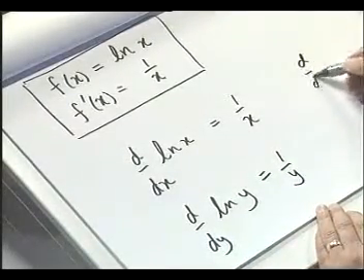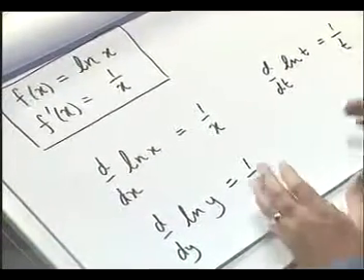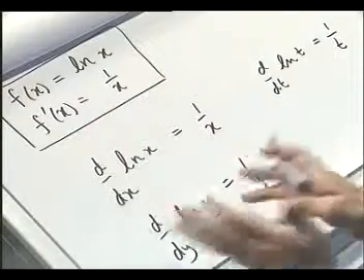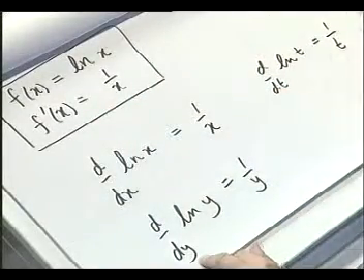If we had d by dt of ln of t, the result will be 1 over t. In other words, when you differentiate the natural logarithm function, you'll get 1 over whatever the variable is. Okay, very important result. We're going to use that result now to move on and differentiate the exponential function.